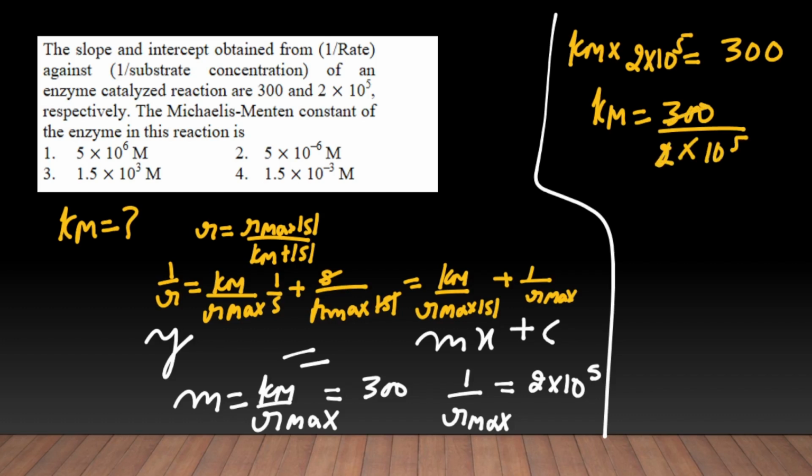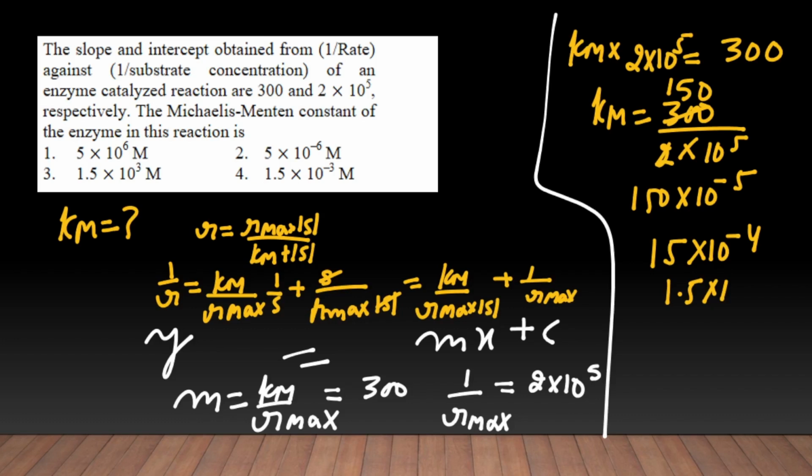So it will become 150, or 150 into 10 raised to the power of minus 5, or 15 into 10 raised to the power of minus 4, or 1.5 into 10 raised to the power of minus 3 molar. This is the Km value that we will be having, right? So that means the correct answer is option 4 in this case, right?